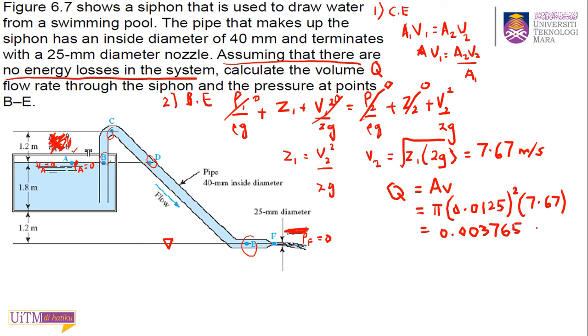Then the unit is, for volume flow rate, meter cube per second. Okay, well done. So this is your answer, your first answer.